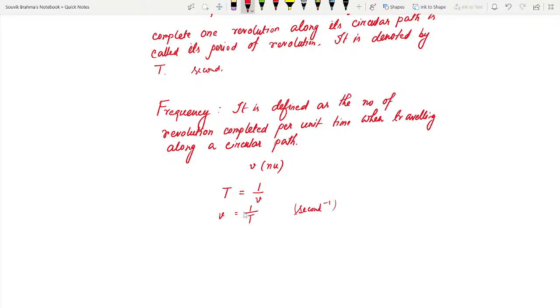Okay, so time period is in second, so frequency will be second inverse. Okay, correct? Clear?